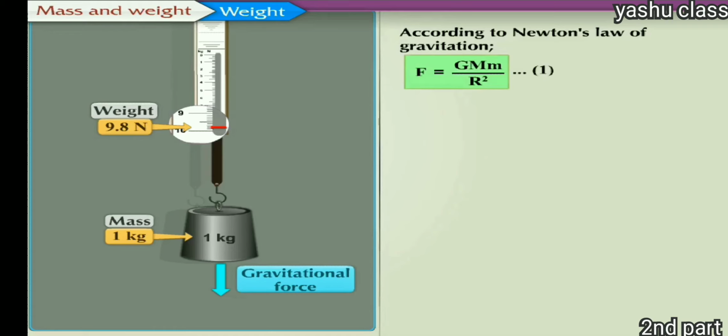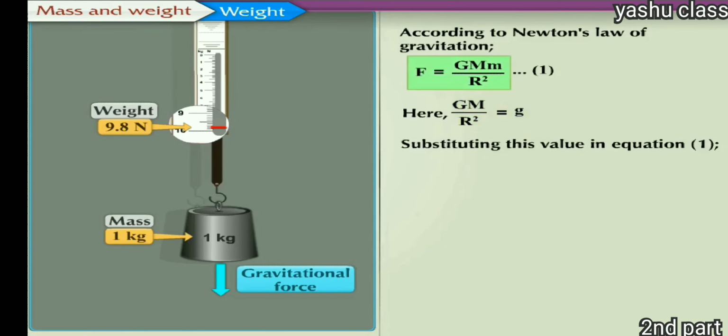This is equation 1. Here, capital G into capital M upon capital R square is equal to acceleration due to gravity small g. Substituting this value in equation 1, we get F is equal to small m into small g.